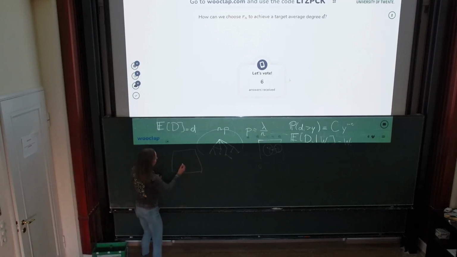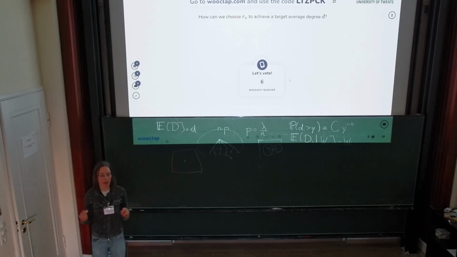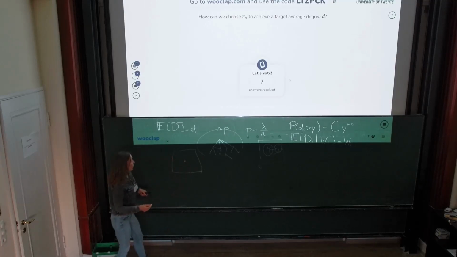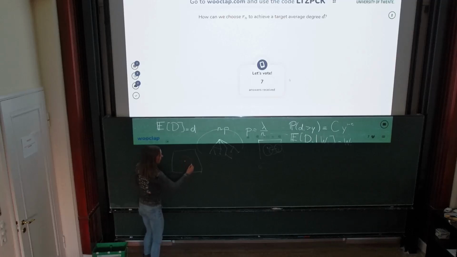So let's say we just put one point on the origin, because the torus is symmetric and the points are uniformly at random. Now the question is, how can we choose the radius so that this point has on average degree d? So what will be the degree of this node? Well, it will be the number of nodes within this disk.